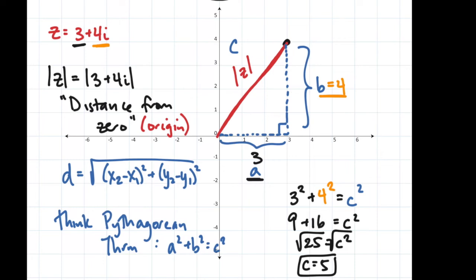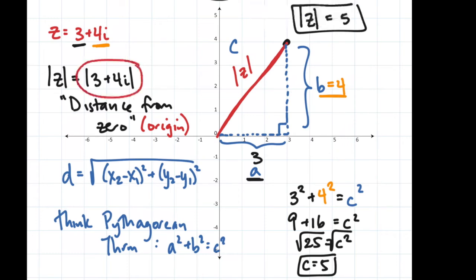Distance is only positive. So that means the absolute value of z is 5. And remember, z is 3 plus 4i. Another thing to know is that in math, we use the term modulus when we talk about the absolute value of z.